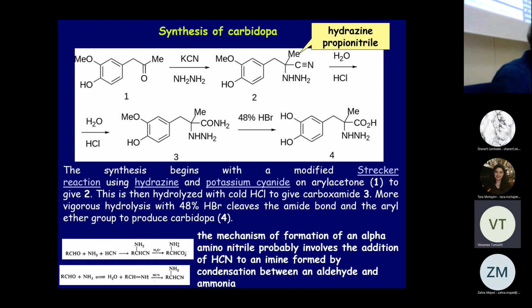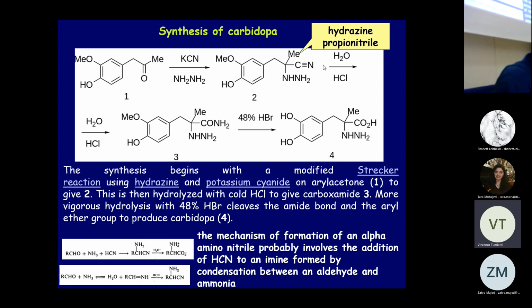Yes. Why is there the methoxy group? It's just to protect the OH in this condition. This is the difference, okay? Just at the beginning, I wanted to explain the reaction to give the amino acid, and then we see the particular reaction to give carbidopa.